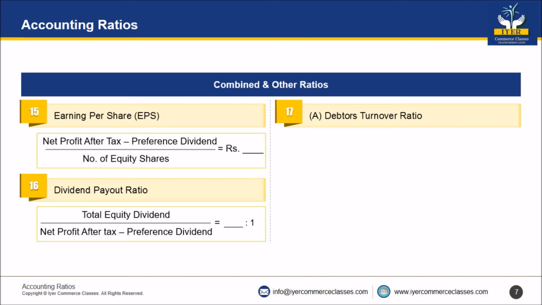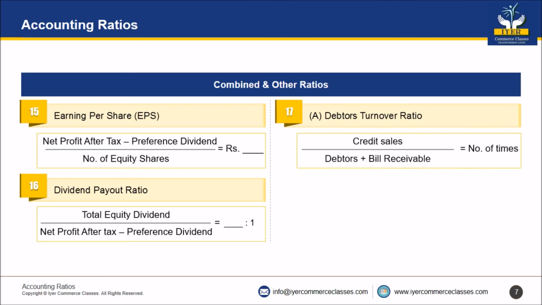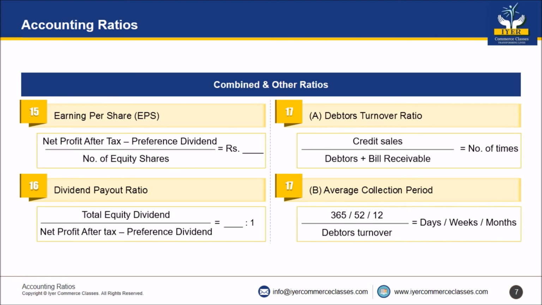Debtors turnover ratio, credit sales upon debtors plus bills receivable equal to number of times. An average collection period will be given by 365 or 52 or 12 upon debtors turnover.